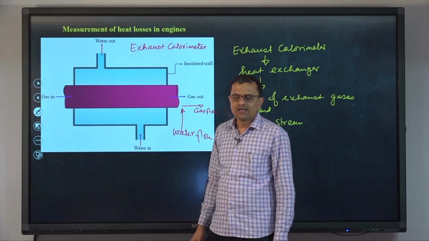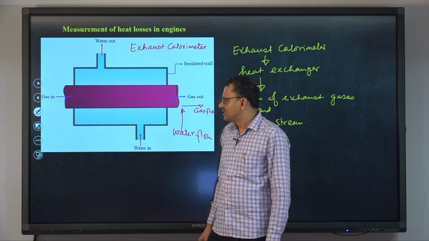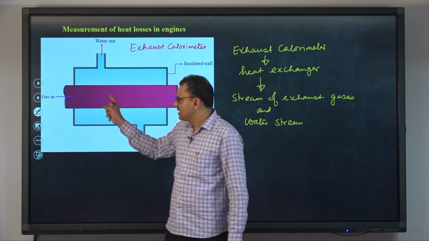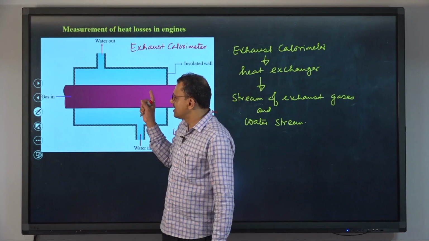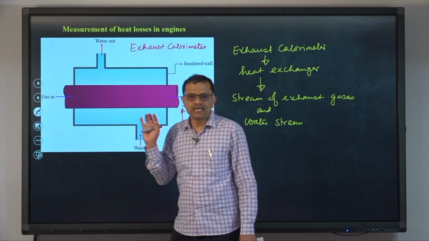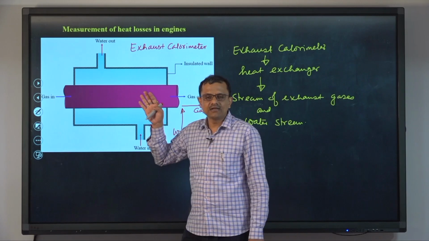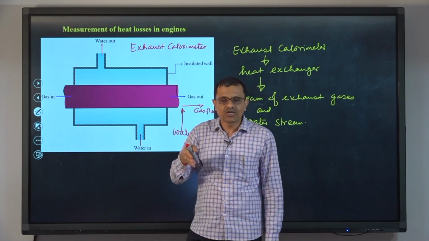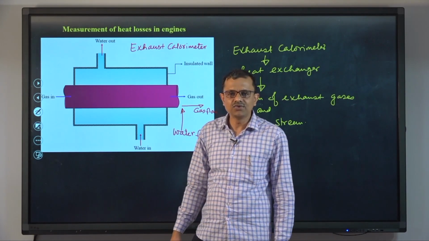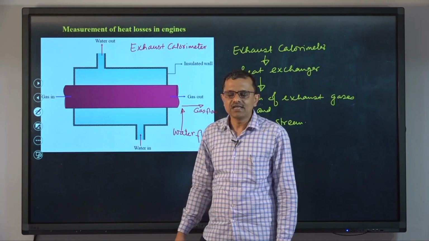and the water temperature at the outlet will be a little higher. But the question is that here in this exhaust calorimeter care must be taken so that the gas temperature can be reduced or it can be moderately cooled. So, gas is cooled to a moderate temperature.